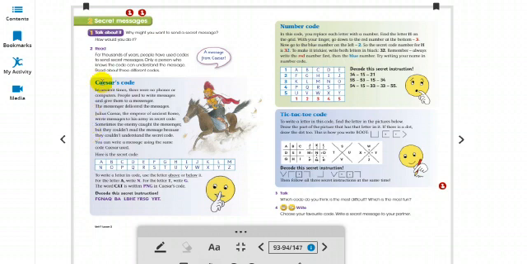So the first game is Caesar's code. In ancient times, there were no phones or computers. People used to write messages and give them to a messenger. The messenger delivered the messages. Julius Caesar, the emperor of ancient Rome, wrote messages to his army in secret code. Sometimes the enemy caught the messenger, but they couldn't read the message because they couldn't understand the secret code.